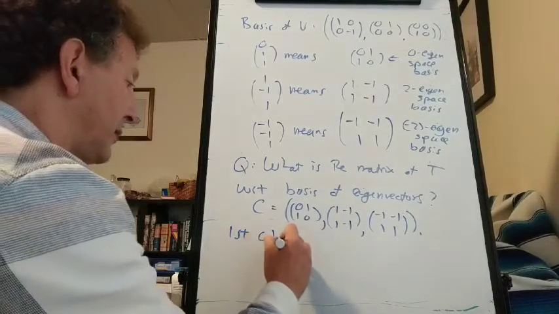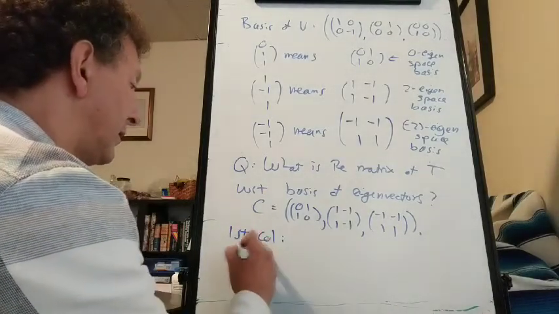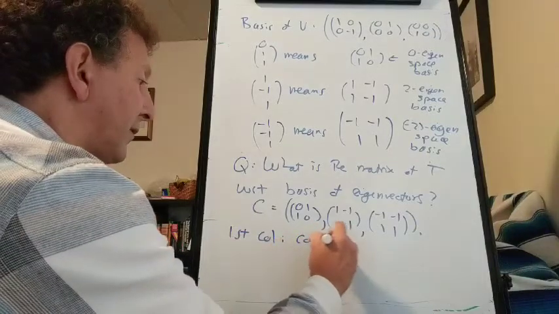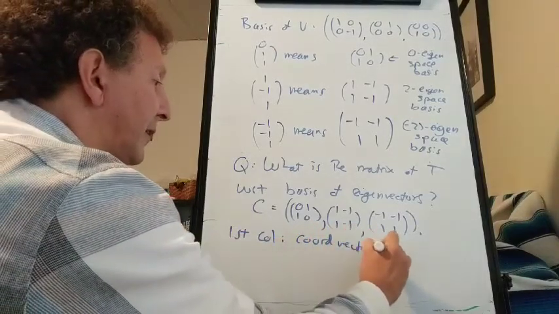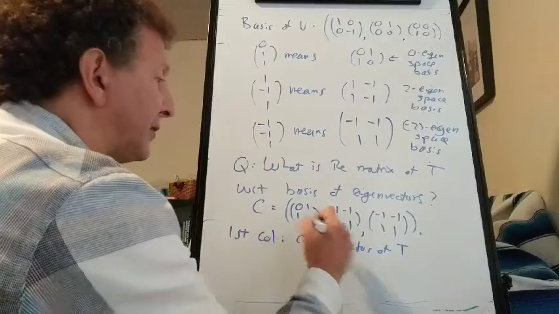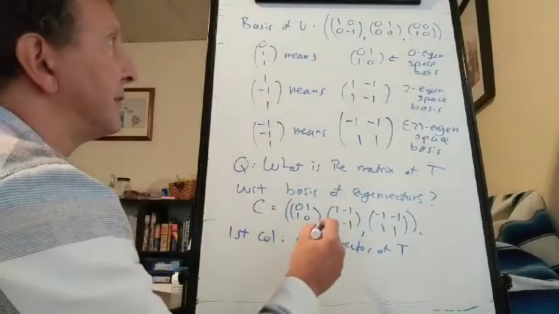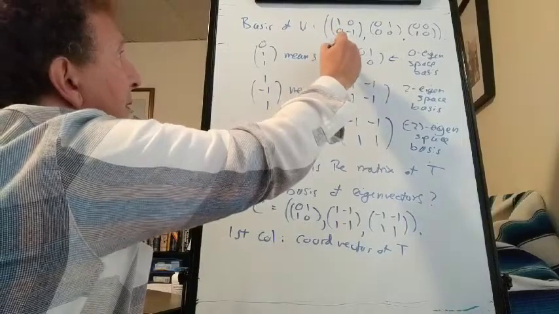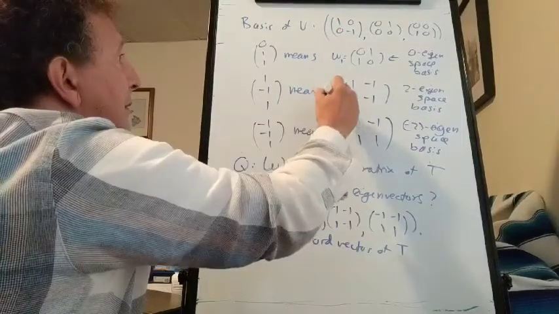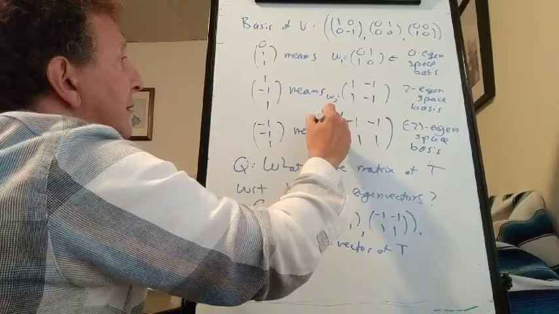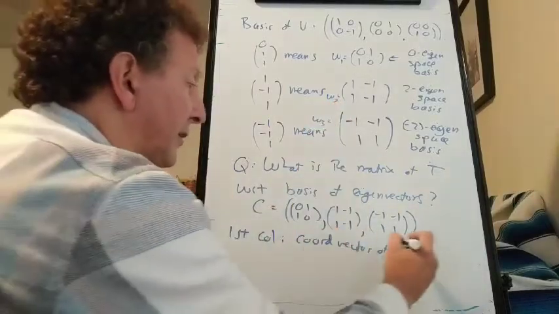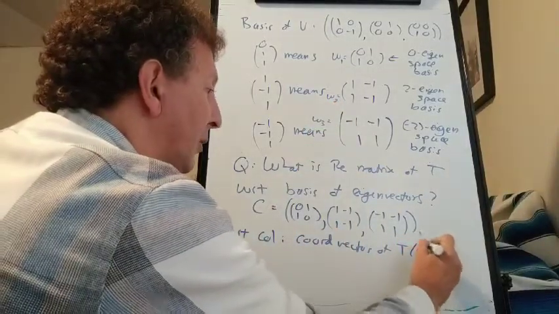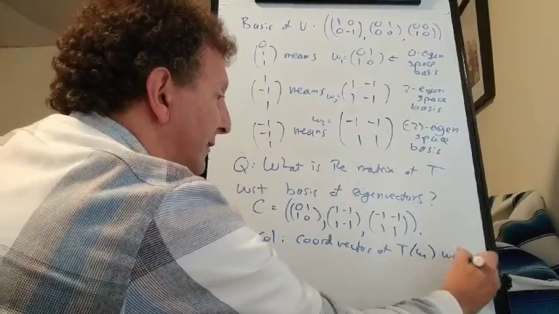So the first column is the coordinate vector of T of, let's call these W1, W2, W3, the coordinate vector of T of W1 with respect to C.